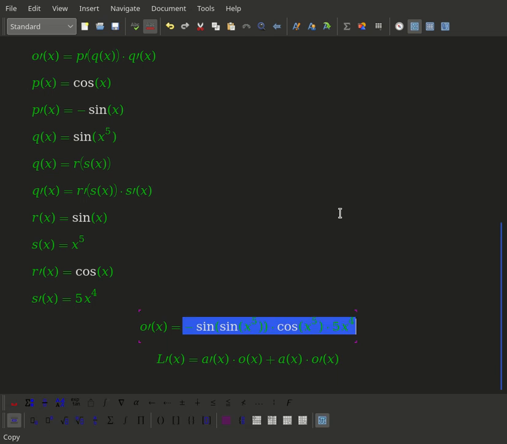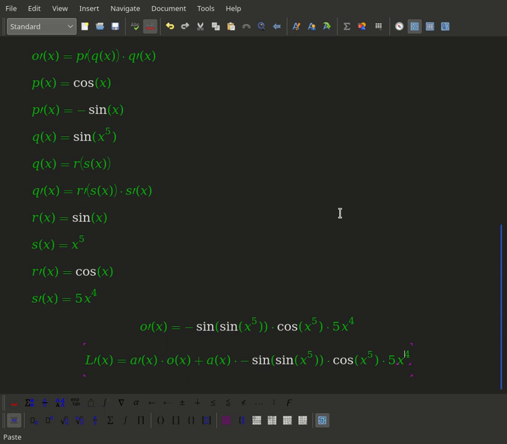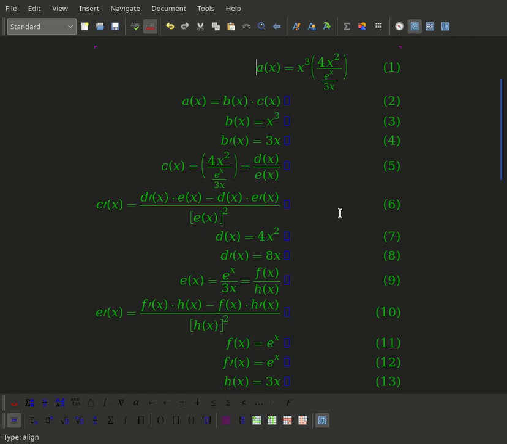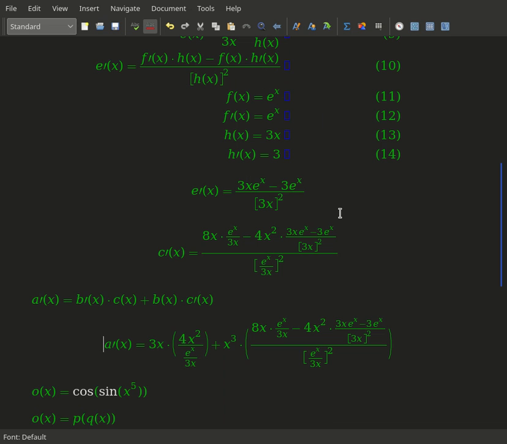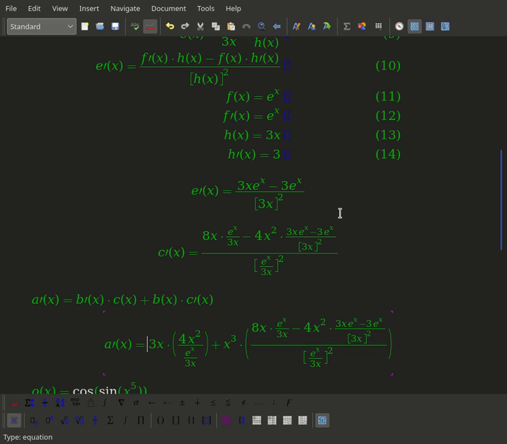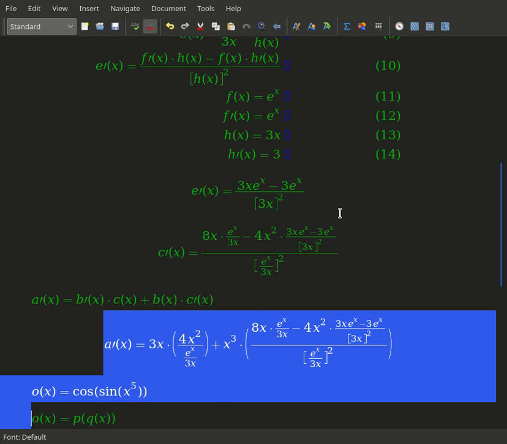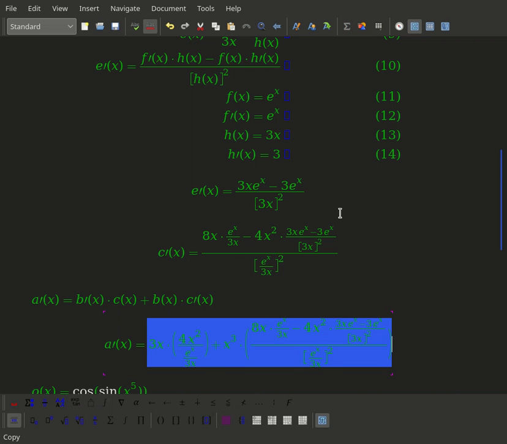O prime is this thing, that goes in there. And now we need A of x, O of x, and A prime. A prime is the big monster we had right there. That's A prime. Happy fun time.